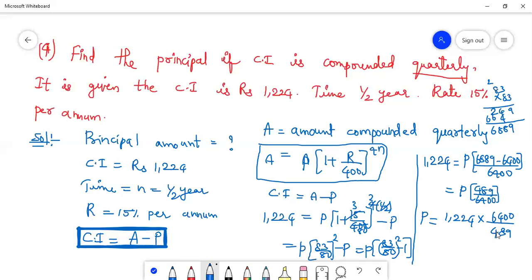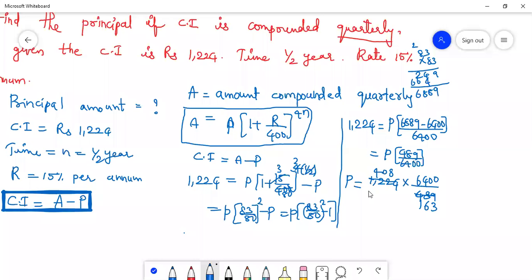So here we can take the cancellation. 3 1s are 3, 3 6s are 18, 3 3s are 9, 3 4s are 12, 3 8s are 24. Here we can take division of 408. Next, 408 is divided by 163. 163 2s are 326.